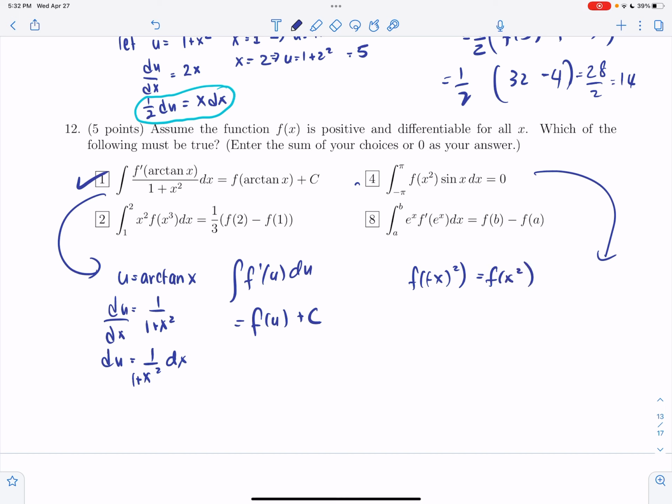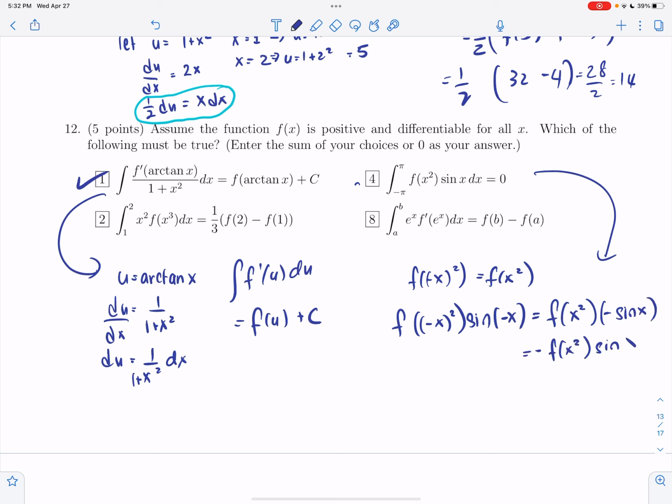So let's take a look at f of minus x squared times sine of minus x. It is going to be f of x squared times minus sine x, which is minus f of x squared times sine x. What does that tell you? It tells you that this function is an odd function.